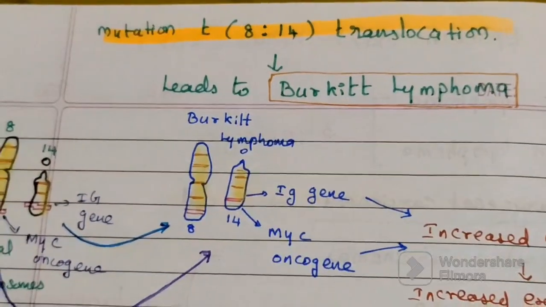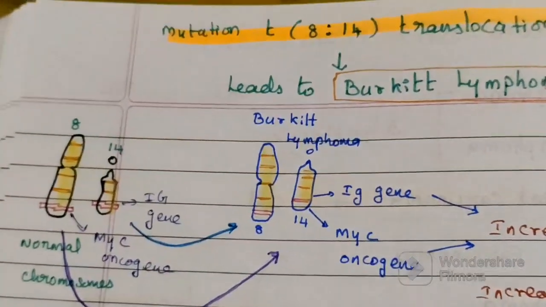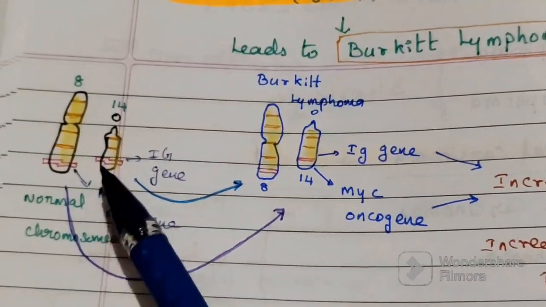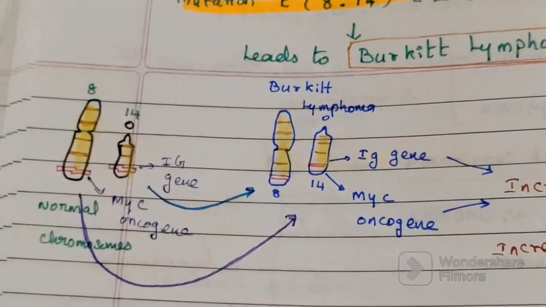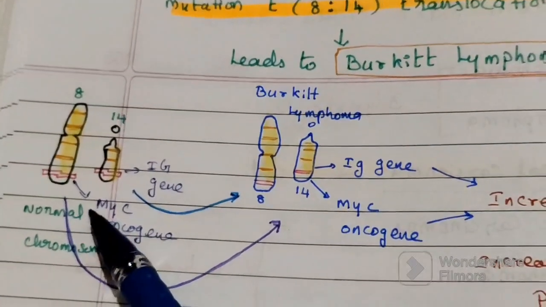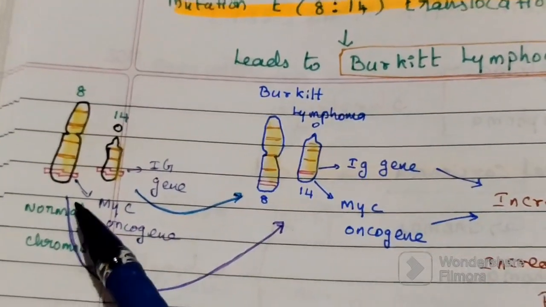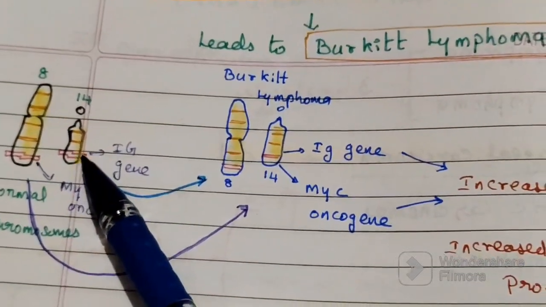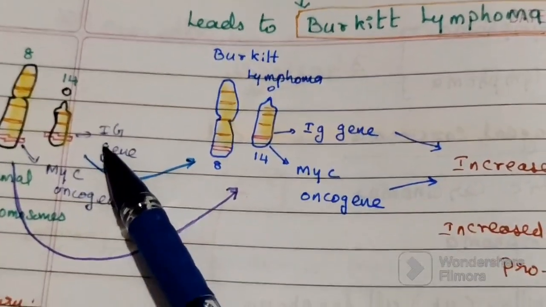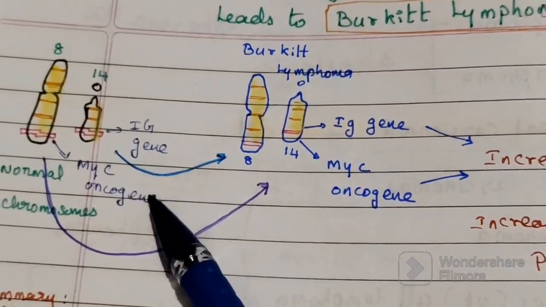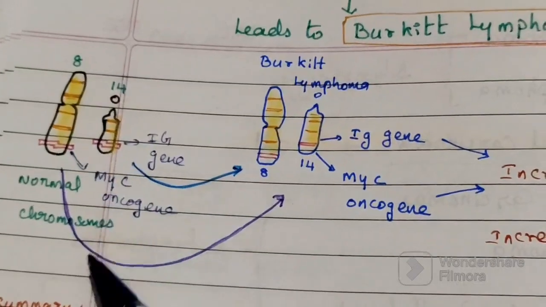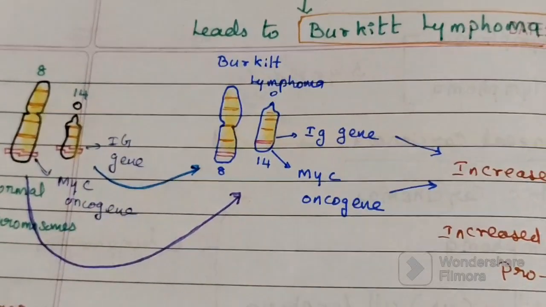So this is the 8-14 translocation. This is chromosome number 8. This is chromosome number 14. Chromosome 8 has the MYC gene. Chromosome 14 has the immunoglobulin Ig gene. This is the normal scenario. Now some portions exchange.